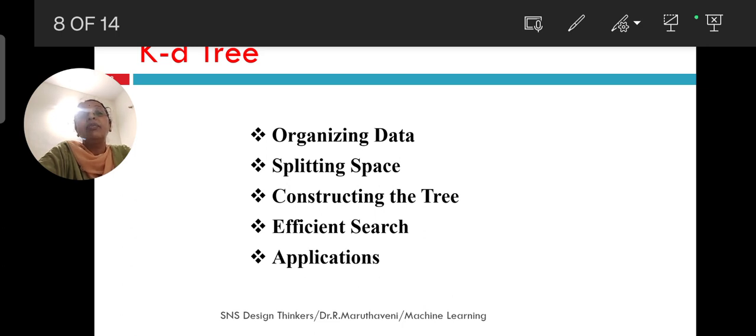Then the second one, splitting space. The key idea of KD trees is to split the space into smaller regions recursively. Initially, you pick one dimension and split the space into two halves based on that dimension.